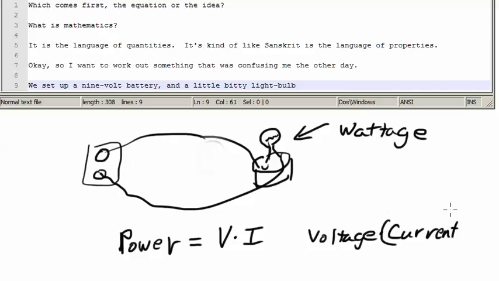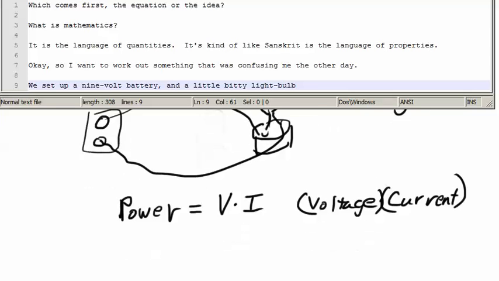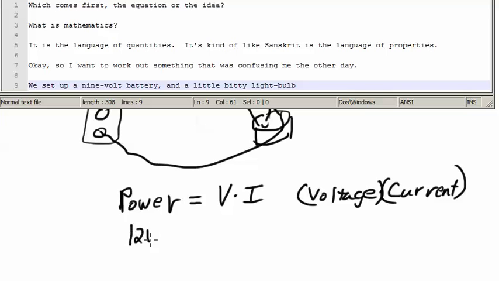Now if I've got 12 watts going across it, so a 12-watt bulb, and this is a 9-volt battery, it's going to take about 12/9 of an amp to go through there.